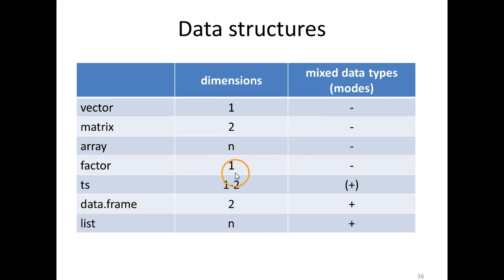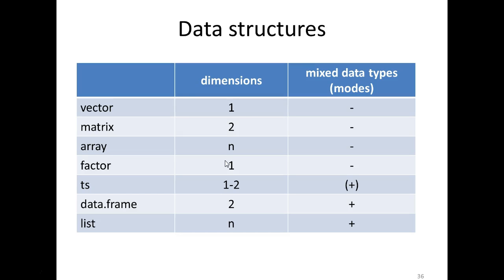A factor works quite like a vector, but it's not a vector. And the difference between a factor and a vector is that the factor contains data which has only pre-specified levels.